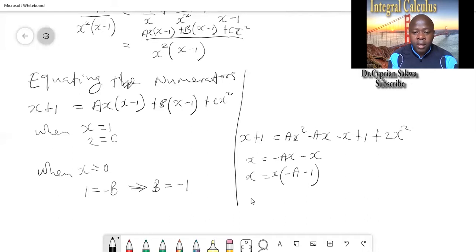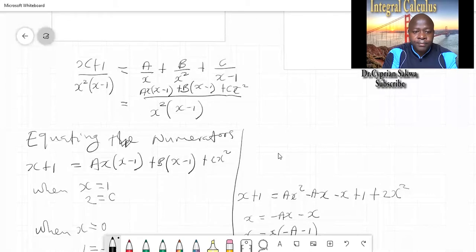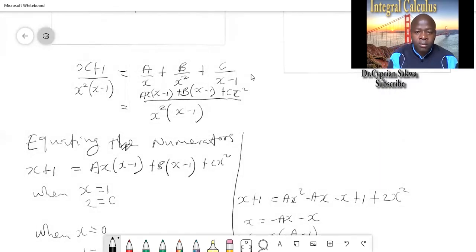So x would cancel out, and we have 1 equals negative a minus 1, or that a is negative 2. So a becomes negative 2. So we now have the value of c, the value of b, and the value of a. You can go back to our equation here and substitute them and then integrate.